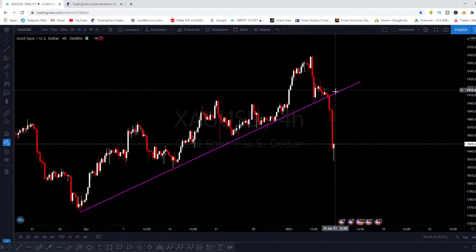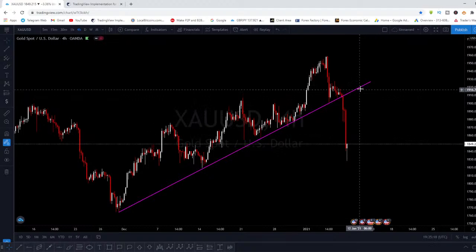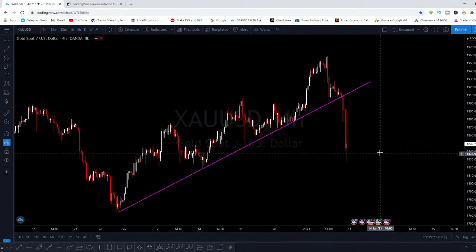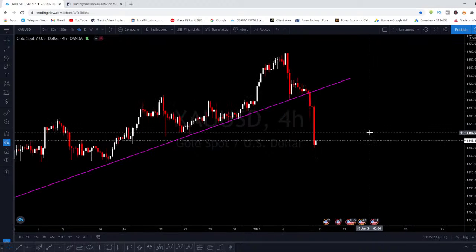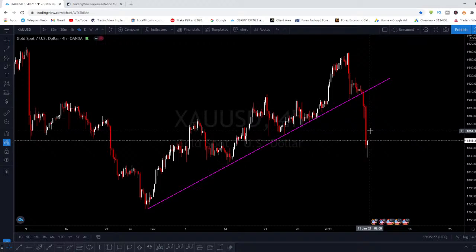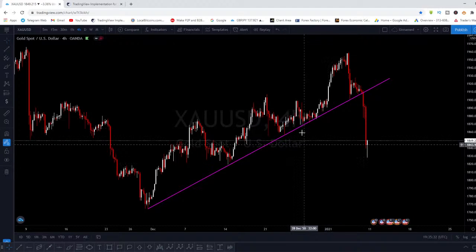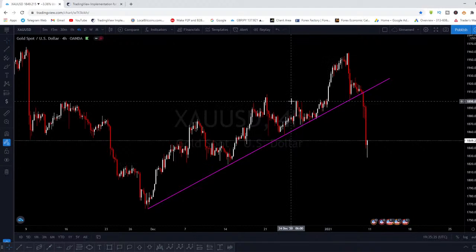The next thing that might happen is a retest of this before it continues to move to the downside. And of course, that one is not going to be a long-term sell. I think market makers are just trying to capture all these retail traders and make them lose money, but we'll see what is going to happen on this XAUUSD.